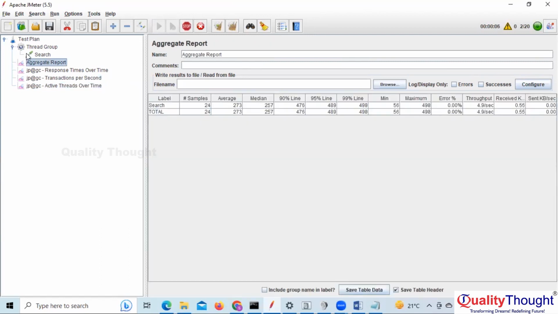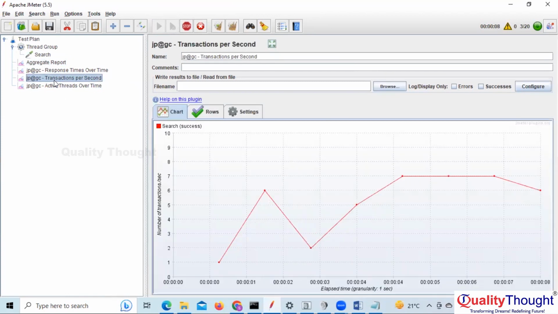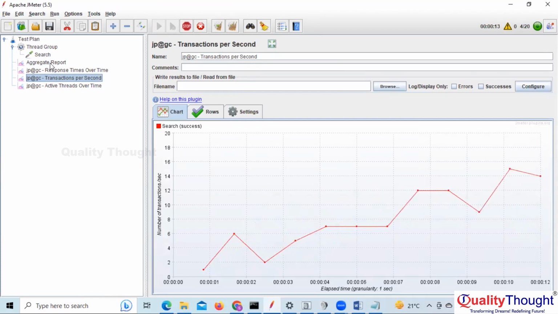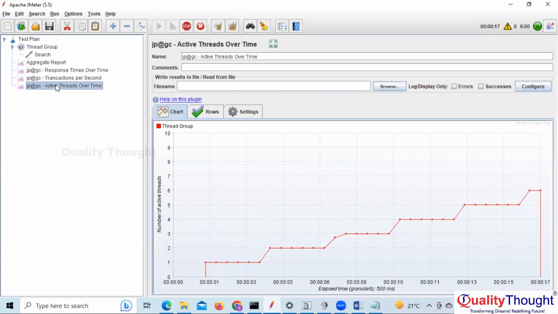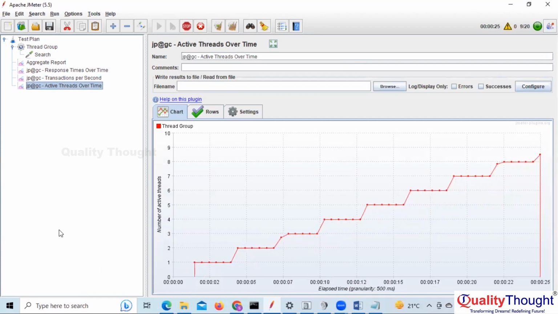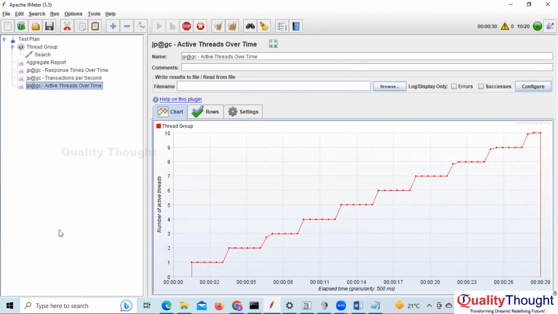Right, it is running. So it is increasing the users. See this particular graph, how the users are increasing. It will go to the peak of 20 users, and from there it will run for 5 minutes, right?